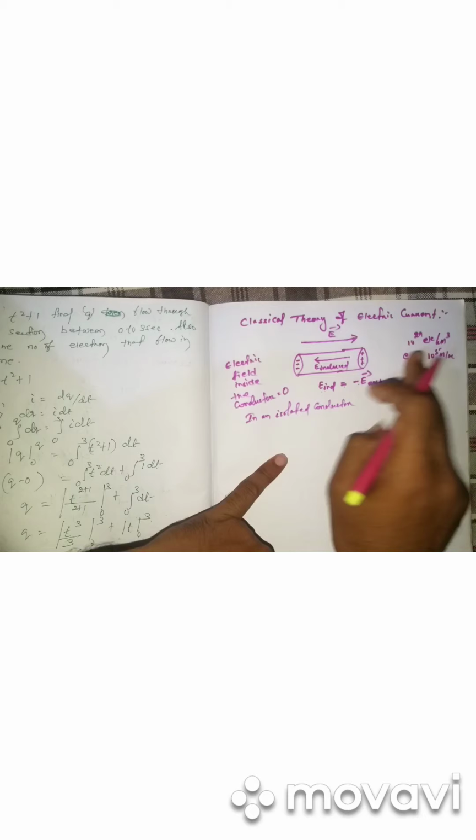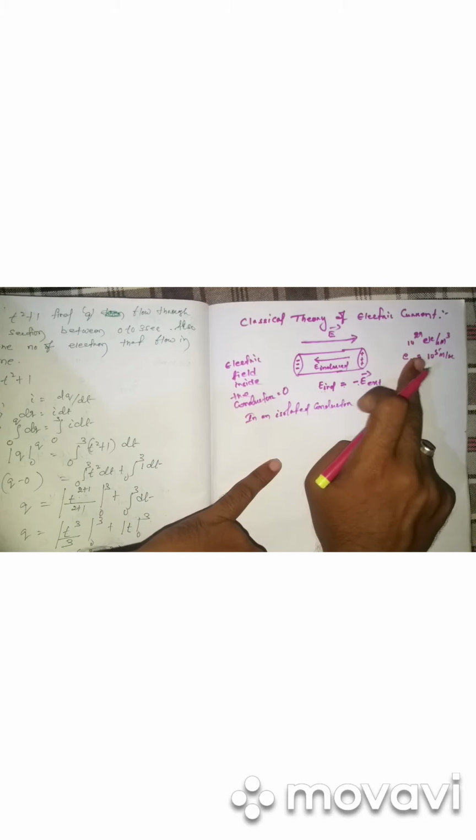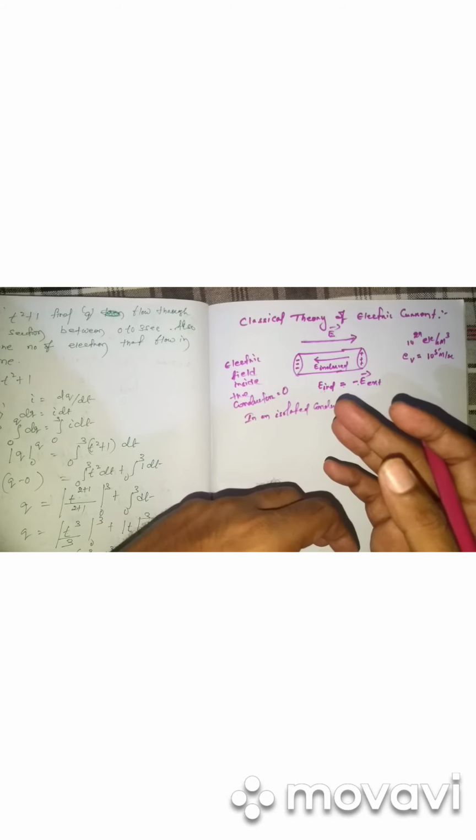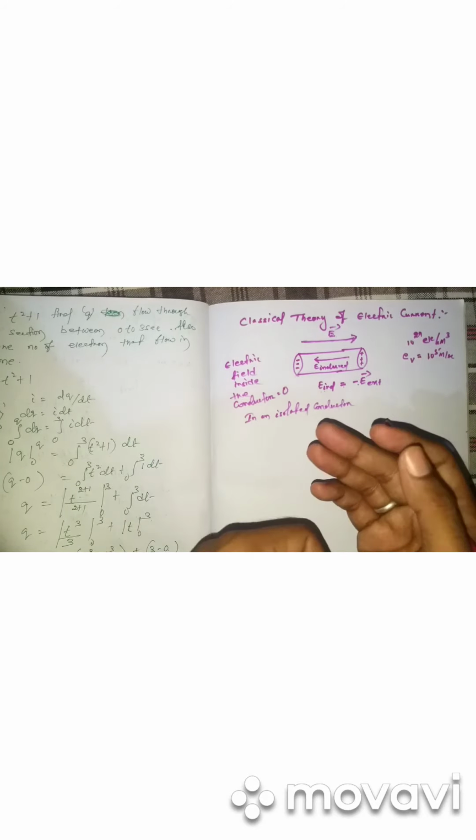The velocity of an electron inside the conductor is 10 to power 5 meter per second. Each electron moves with a velocity of 10 to power 5 meter per second. Again, in your mind, a question arises: how are they moving, sir?